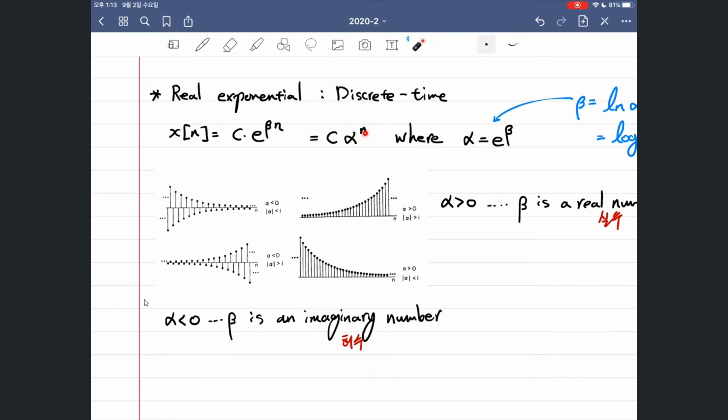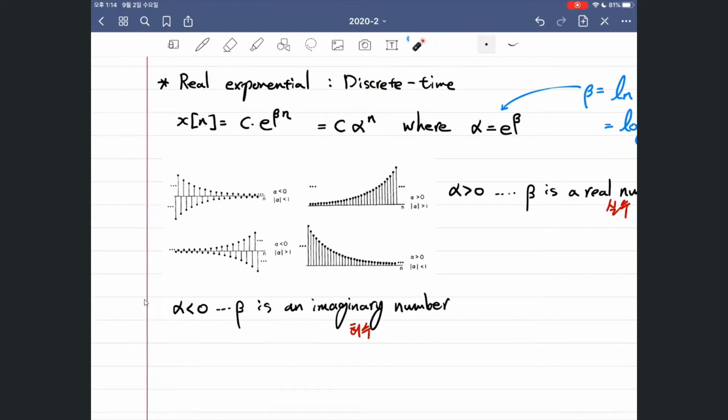And if you have an odd number as n, then you have the negative sign. Therefore, the sign gets reversed, and if the absolute value of alpha is smaller than 1, then it decays, and if the absolute value of alpha is bigger than 1, then it grows as n goes to infinity.